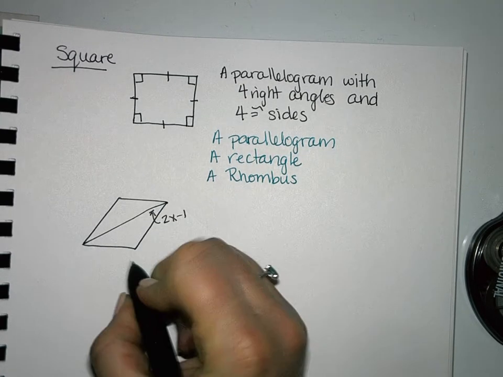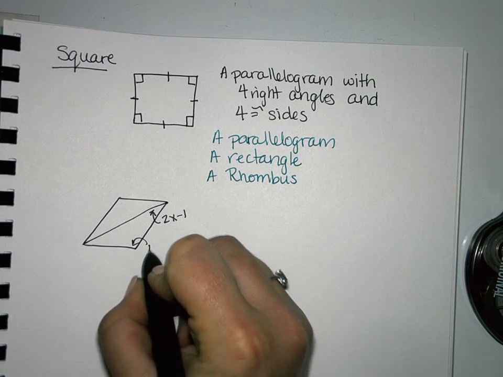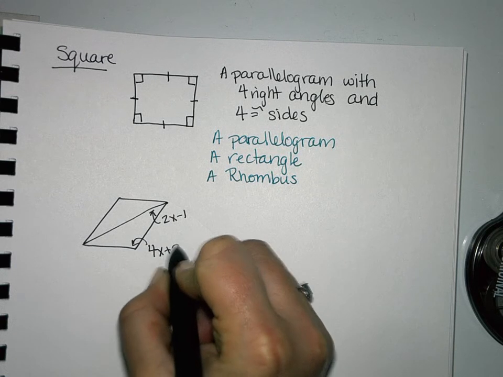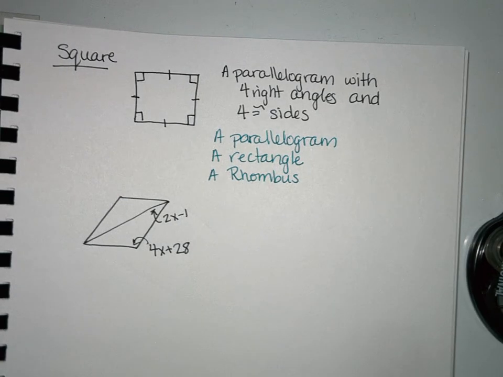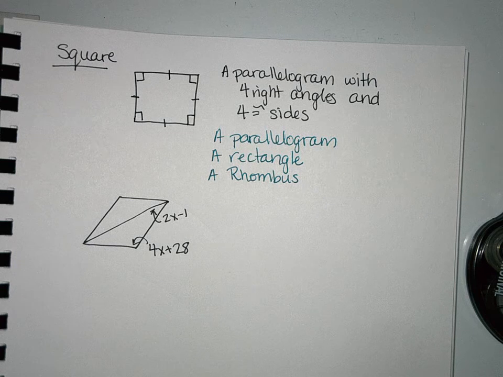And it gives you these 2 pieces of information, and you have to figure out what x is. So what can we do to maybe find x? Thinking of our properties that apply to a rhombus. Anyone think they have an idea as to how we might solve for x knowing we have a rhombus?